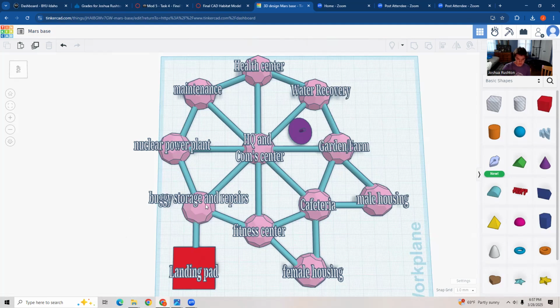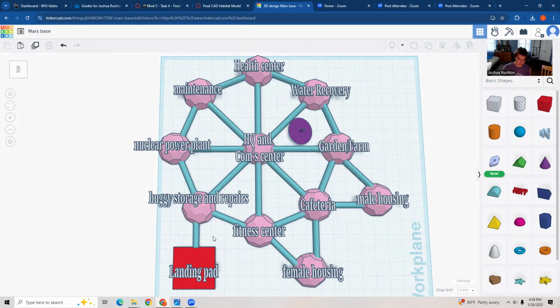Next, we have the buggies and storage repairs. That's just going to be where we store the buggies and repair them. I'll mention now that these hallways are about 10 meters wide. That way we are able to have buggies go both ways should they need to.